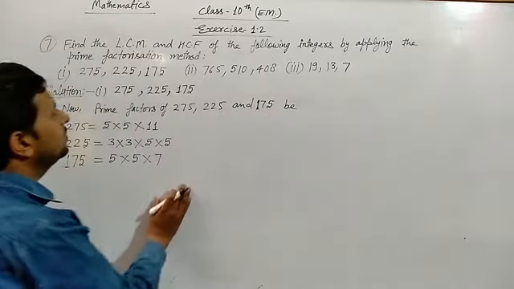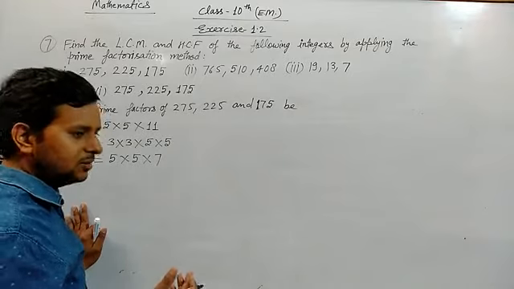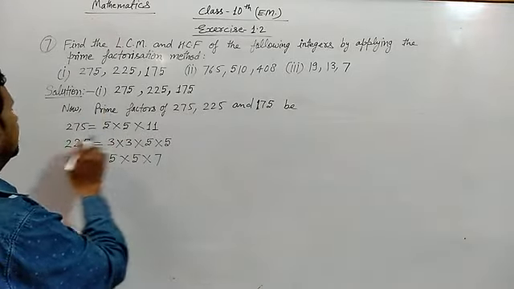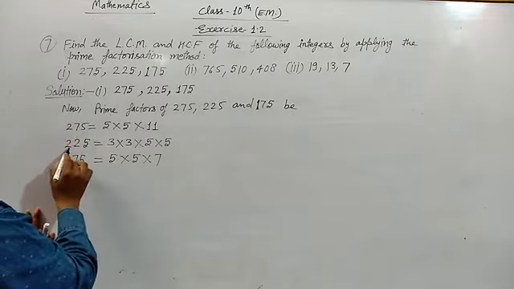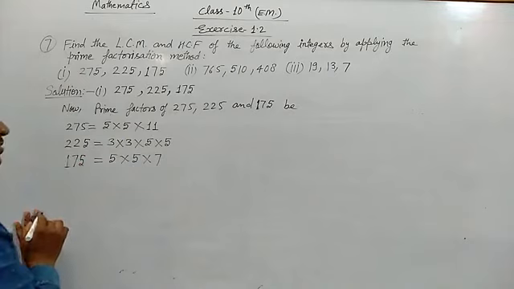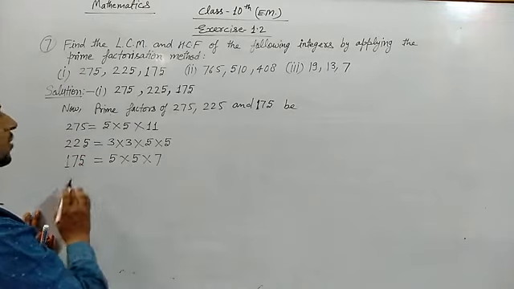We have already factorized them, but you have to write it in this way: 5 into 5 into 11 for 275, and 3 into 3 into 5 into 5 for 225, and 5 into 5 into 7 for 175.